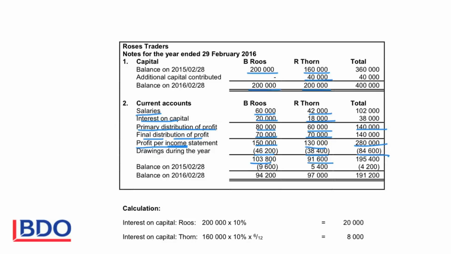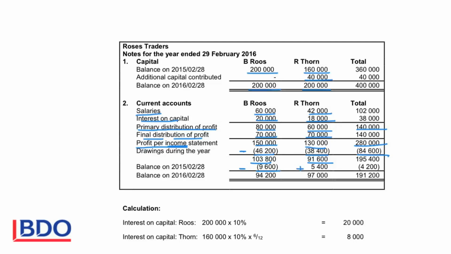And then I will show my balance at the beginning of the year as a negative balance for Ruiz because he had a debit balance at the beginning of the year, and any of the amounts on the debit side will be negative figures. The account of Thorn had a positive balance at the beginning of the year, therefore it will be a positive figure.